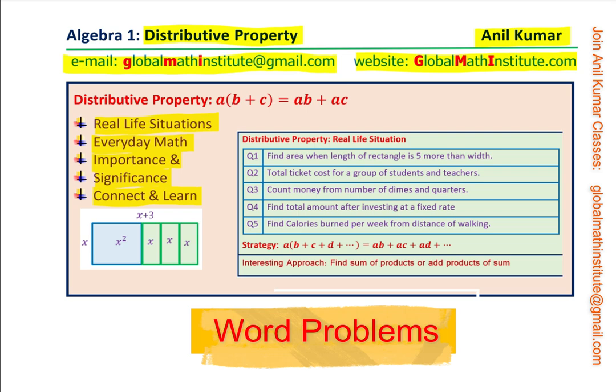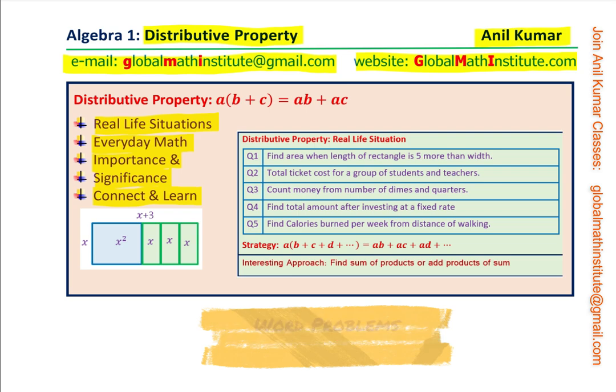Now this we have taken in one of our videos. Here also we'll take a few examples. However, our focus is more on the word problems, since word problems are also kind of tricky sometimes, right? So we'll take up situations like find area when length of rectangle is 5 more than width, total ticket cost for a group of students and teachers, count money from number of dimes and quarters, find total amount after investing at a fixed rate, and find calories burned by everyday exercise.